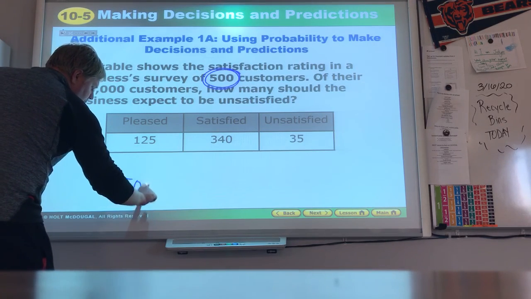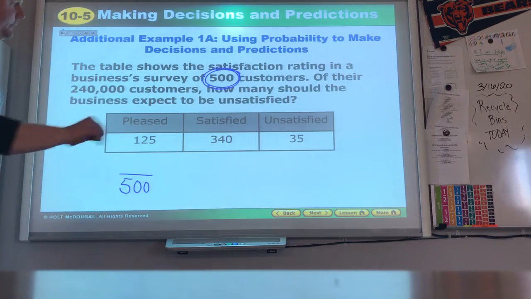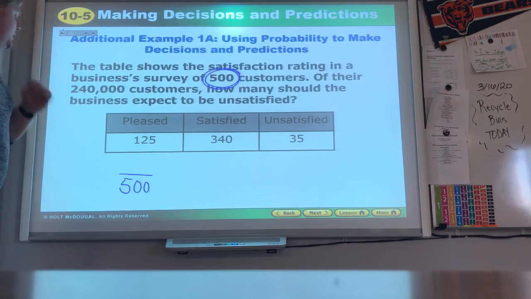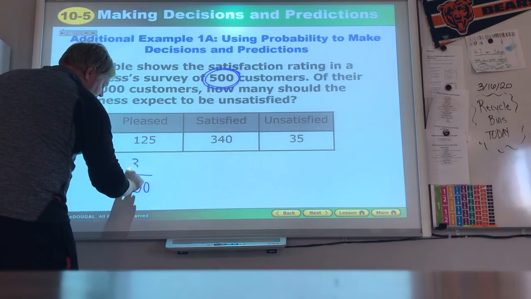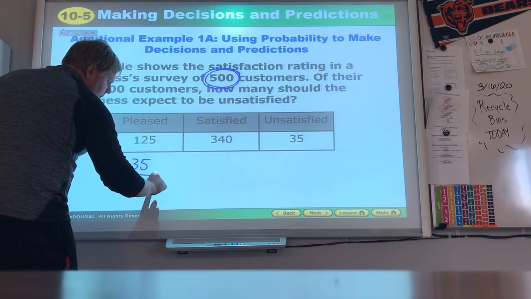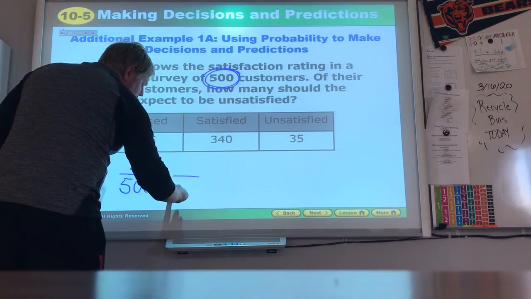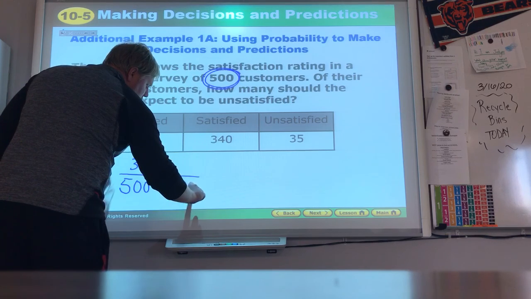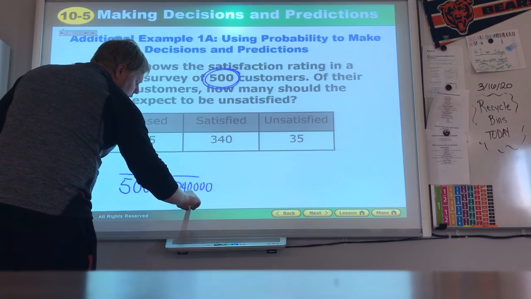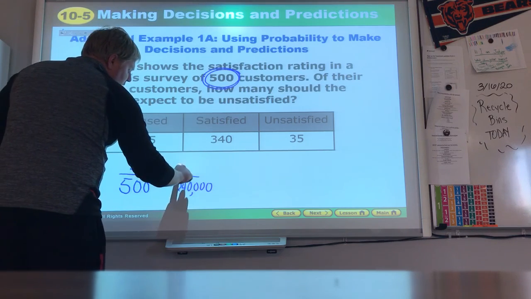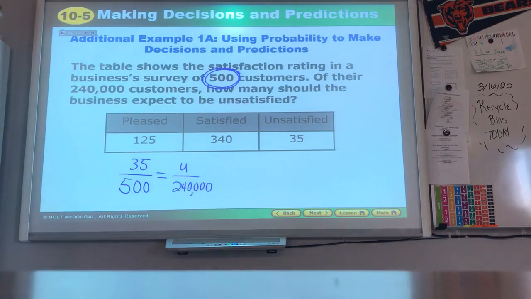That was the total. Total goes on the bottom. The people that are unsatisfied was 35. We're going to set that equal to the total customers they have overall, and the number that would be unsatisfied here would be our variable.